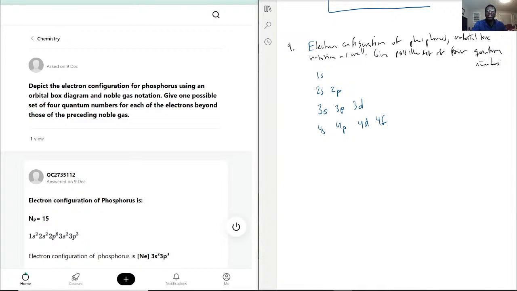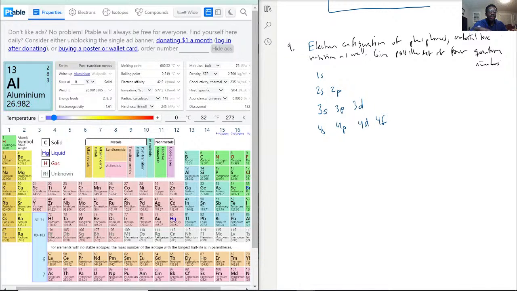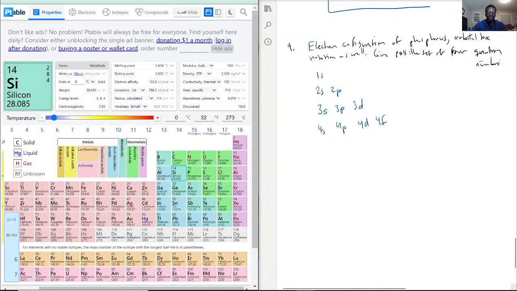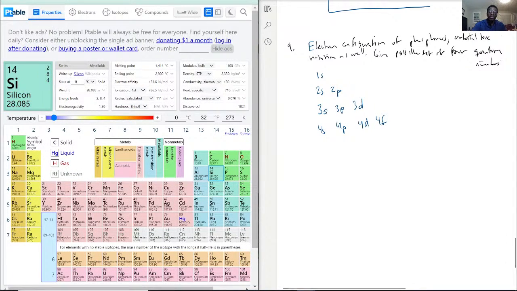for those preceding the noble gas, okay, with all that being said, so phosphorus, we can see here that it's the 15th element, okay, so it kind of blasts right through the first shell.